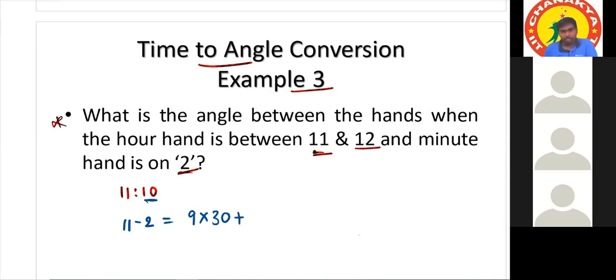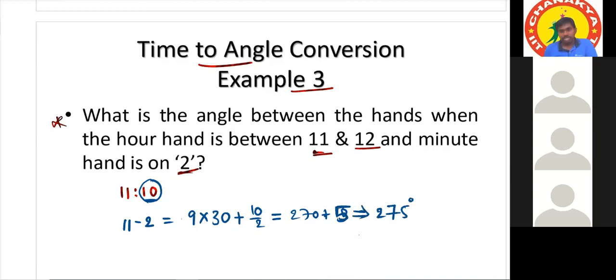Plus, because it is positive. And plus how much? 10 by 2. So the answer is 270 plus 5, that is 275 degrees.